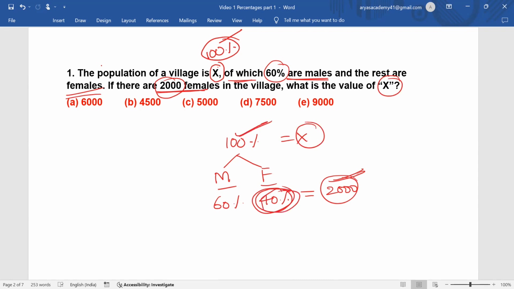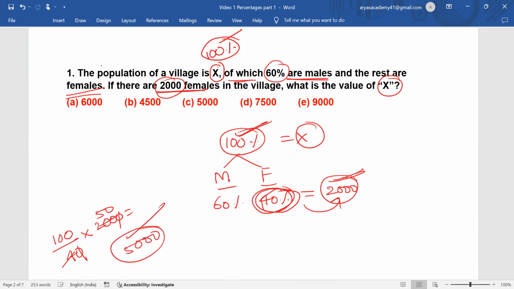You know the value of 40%, which is 2000, and they are asking for the value of 100%. So go for cancellation, 0, 0 cancel, 4 will go 50 times. So 50 into 100 is how much? 5000. So 5000 is the total population, which is option C.